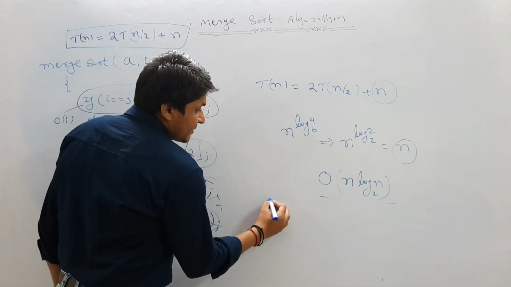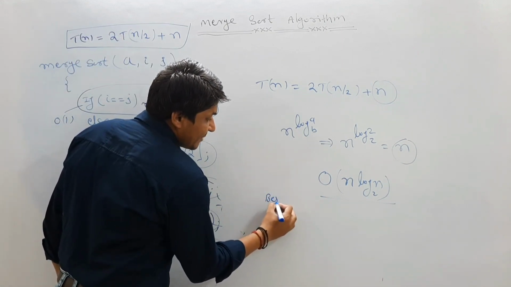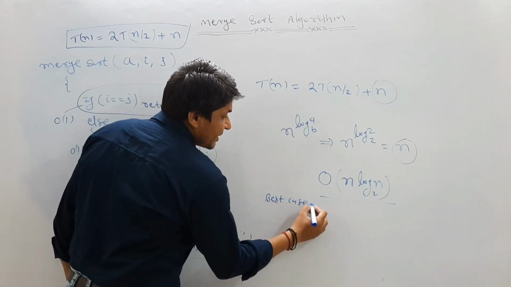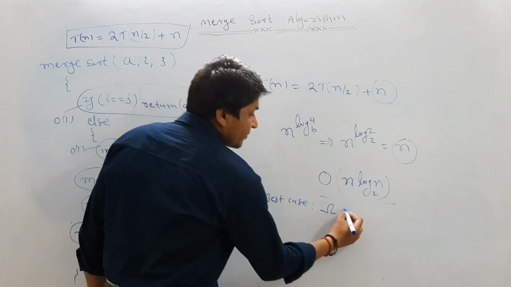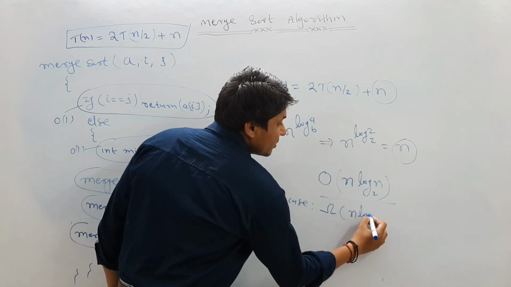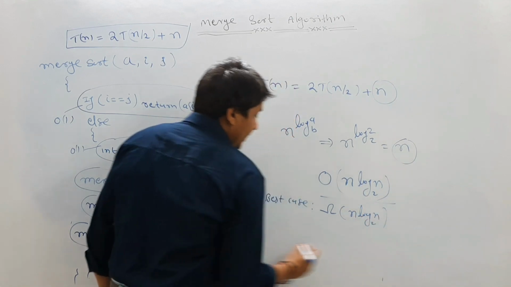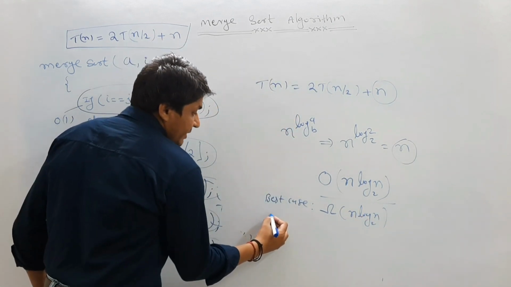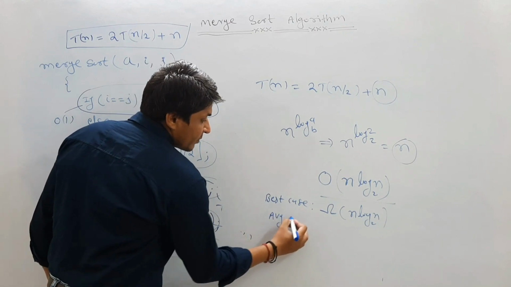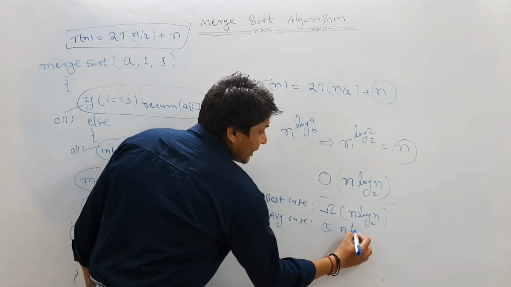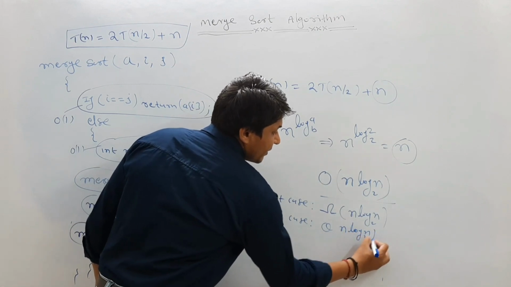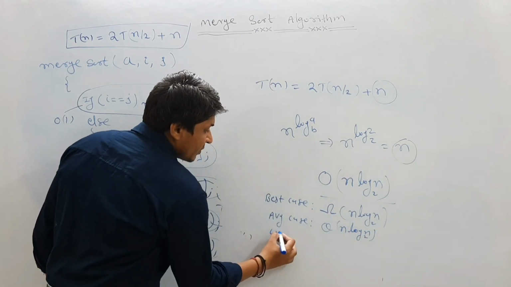So in best case, what is the time complexity of merge sort? Best case is also big omega of n log n, and what is the average case? Average case is also theta of n log n. What about worst case?